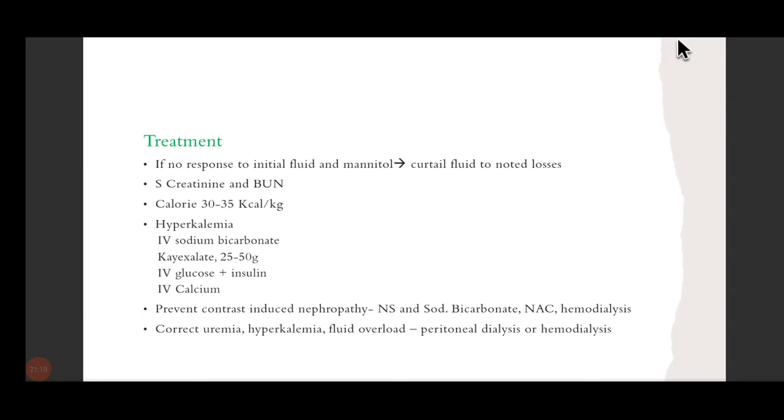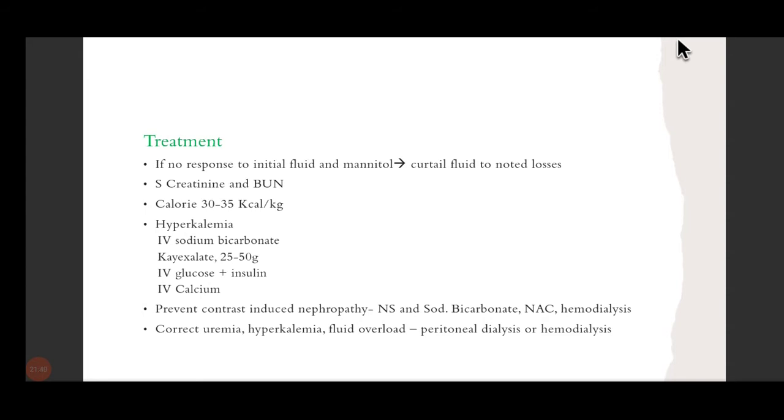in a catabolic state. If the patient develops hyperkalemia, you have to do the following: you administer sodium bicarbonate, you get an ABG done. There is an option of giving Kayexalate at a dose of 25 to 50 grams.